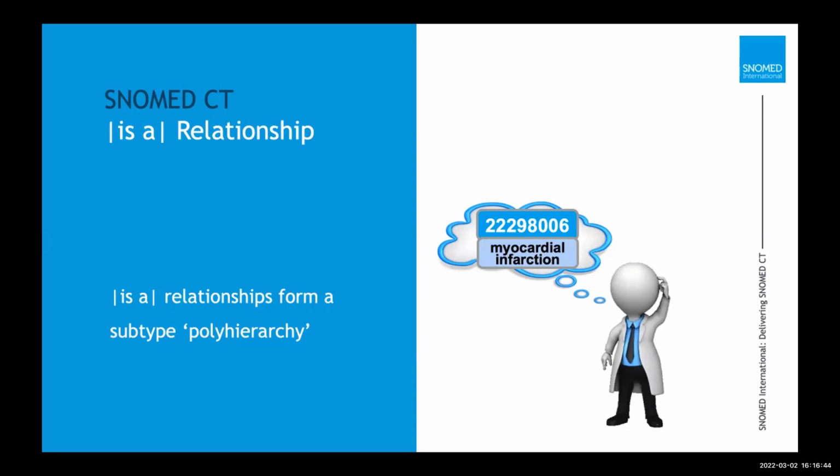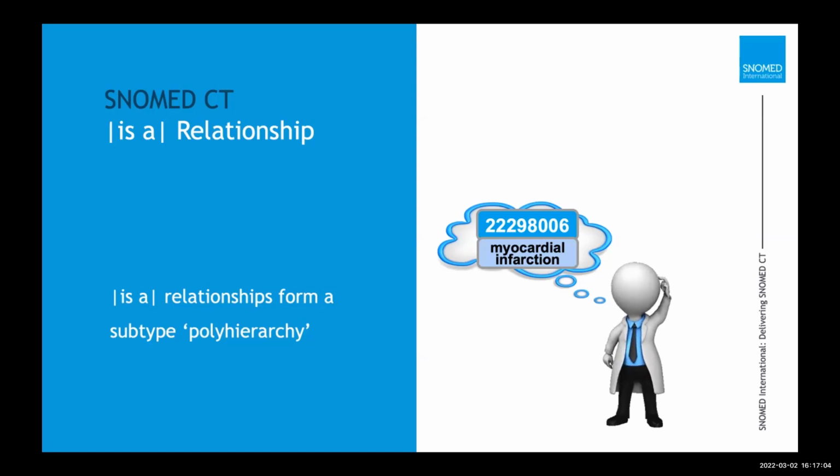A relationship is basically a set of three concepts: the source concept, the destination concept, and the attribute or relationship type. Relationships which use the ISA attribute form the hierarchy in SNOMED CT and allow each concept to have multiple parents.